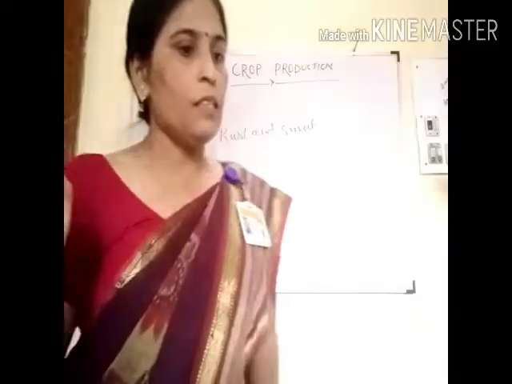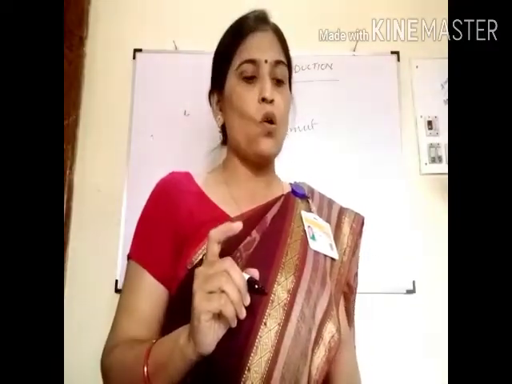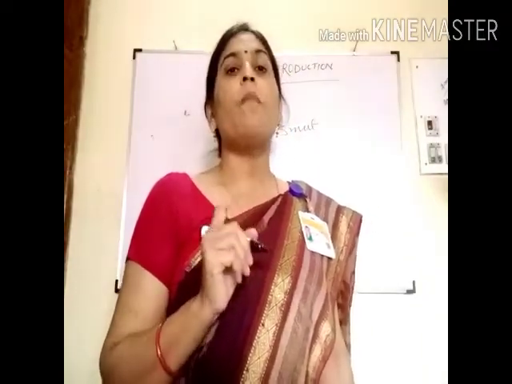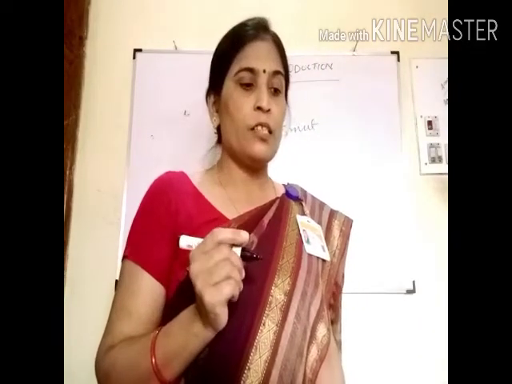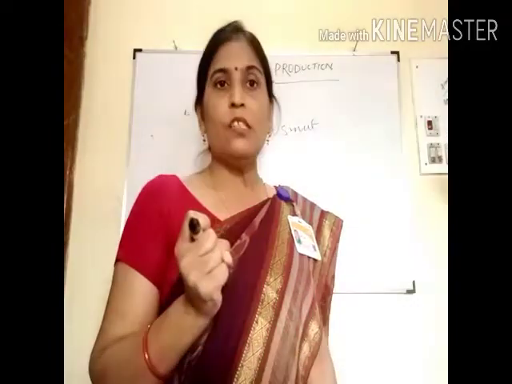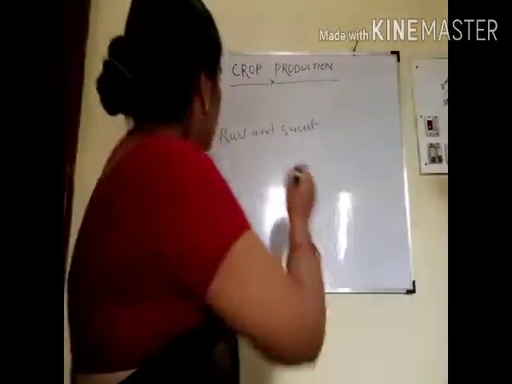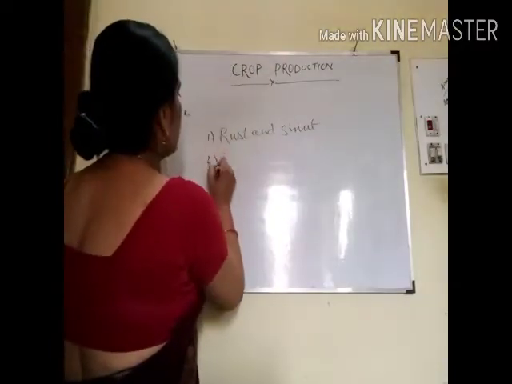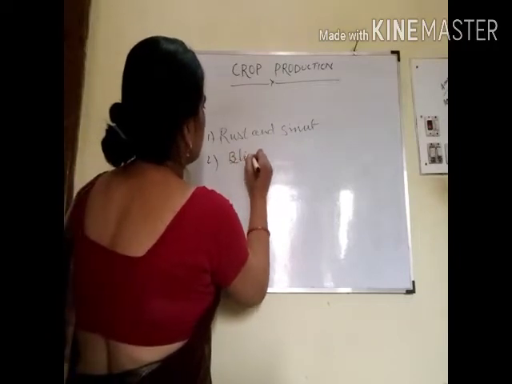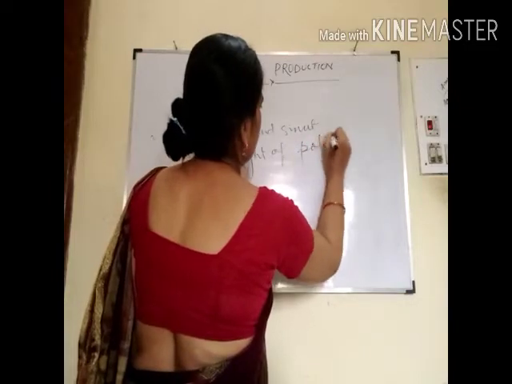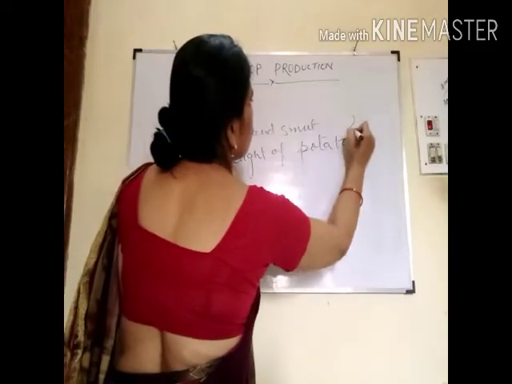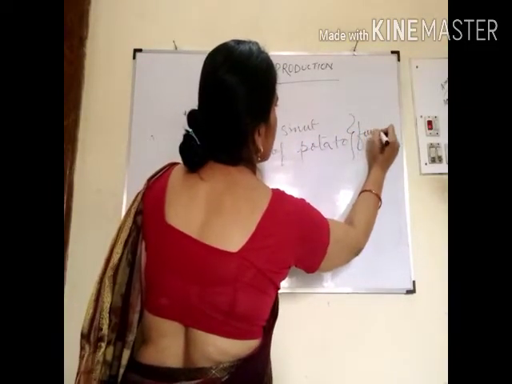Rust and smut are the fungal diseases of wheat. Then blight of potato is also a fungal disease. Wilt is a disease caused by a bacterium. So rust and smut, then blight of potato, these are fungal diseases.